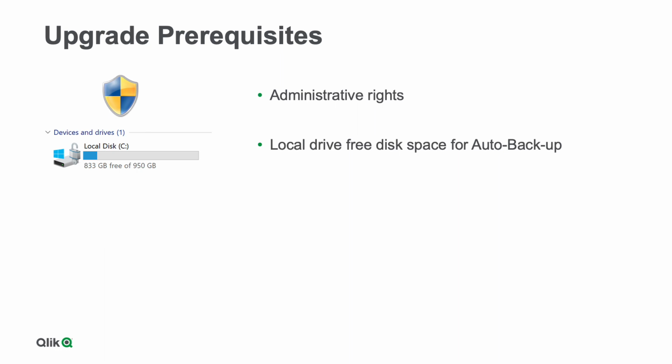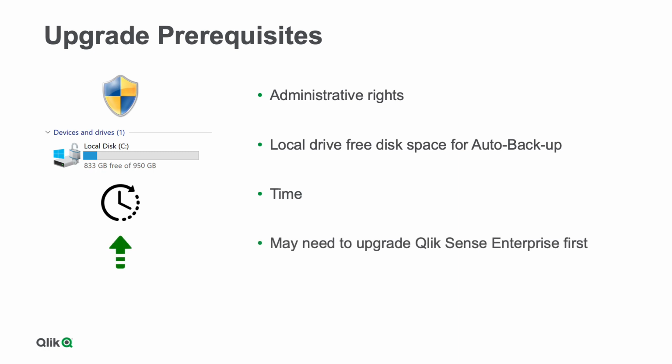It's recommended that the backup is stored on a main drive on the server. There will be downtime for this operation, so plan accordingly. If you're using a version of QlikSense prior to February 2022, you'll need to upgrade to at least that version before using the Qlik PostgreSQL installer, which we're going to be using today.